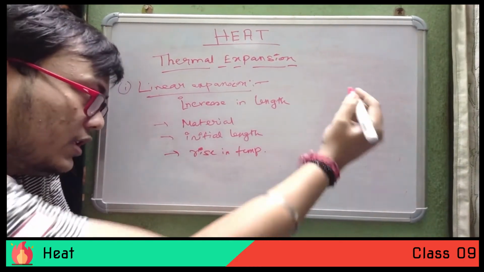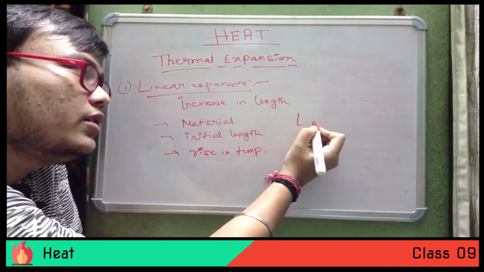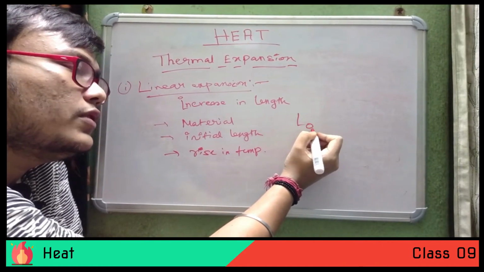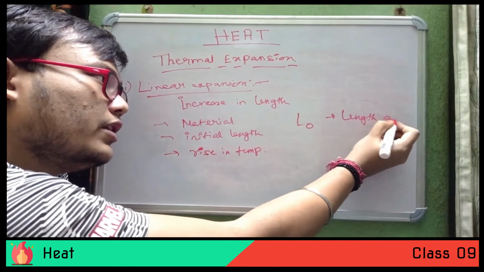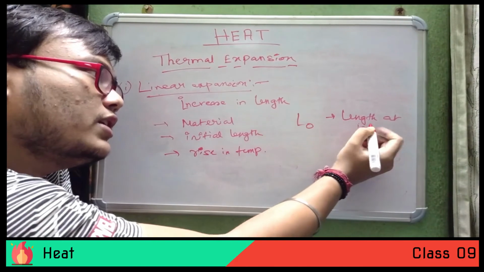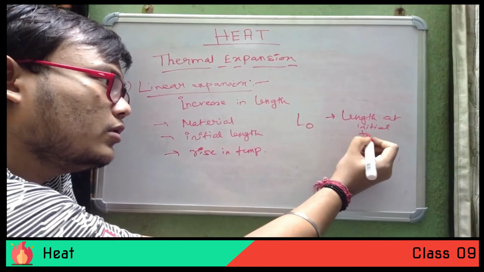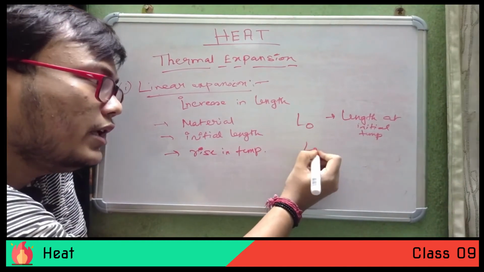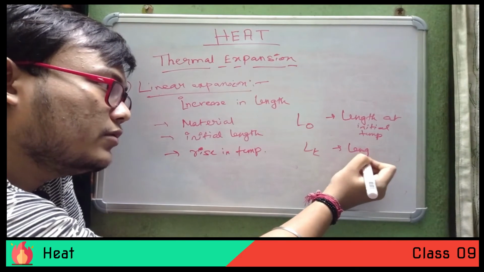Now let us consider the length of the rod at initial temperature. L0 is the length at initial temperature, and length LT is the length at final temperature.